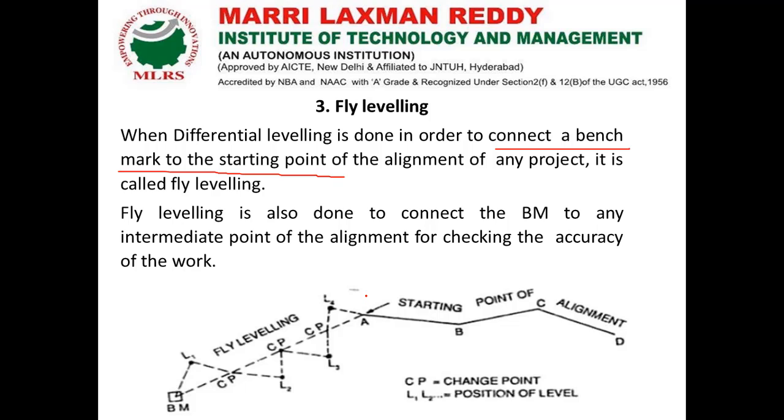Fly leveling is used to check the accuracy of the work. When doing the calculation, we have to get the exact benchmark reading. If I take the benchmark reading as 100 while starting the work, then when I finish the work I have to get back to my first point once again with the help of fly leveling.